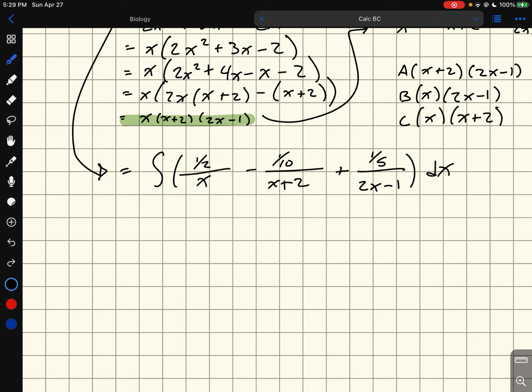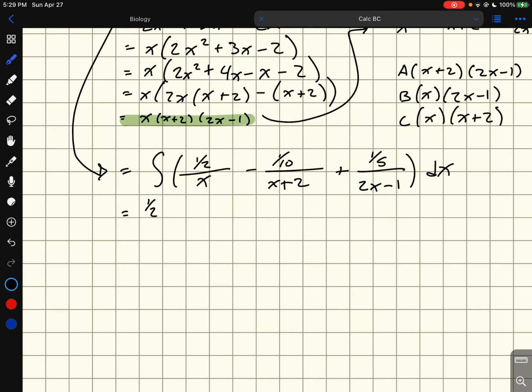So remember, when you're integrating something over x to the first degree, this 1/2, negative 1/10, and 1/5, those are just constants, so you can just put them in the front.